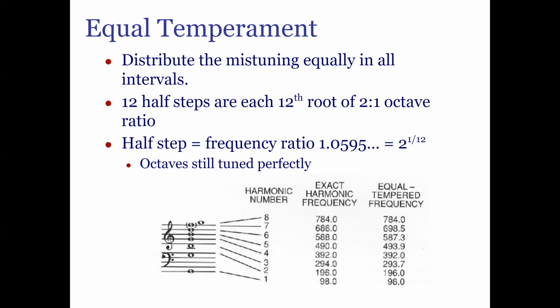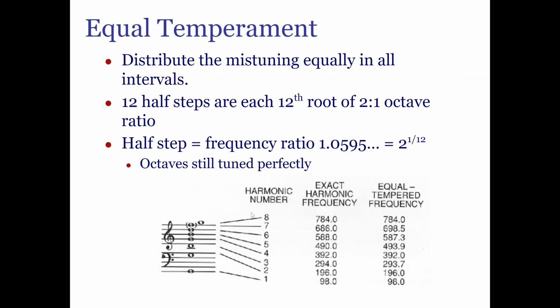And what we end up with are fifths that don't sound exactly right, thirds that still don't sound right. Octaves are still perfect. Again, octaves always end up perfect. But by mistuning each half step the same amount, there's effectively no difference between the key of C and the key of F sharp. When everything's tuned the same way, it's going to sound the same in terms of frequency intervals. It's just that you're starting with a different key, of course.